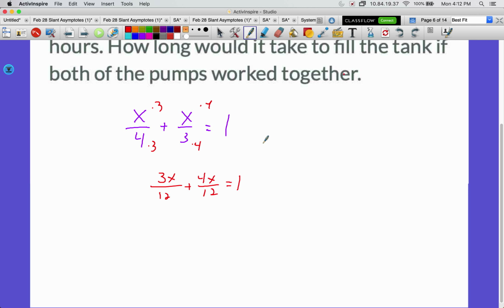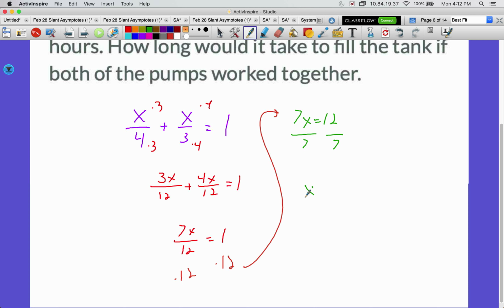Add them together, we get 7x over 12 equals 1. Multiply 12 to both sides. 7x equals 12, divide both sides by 7. X equals 12 over 7, which is 1 hour.